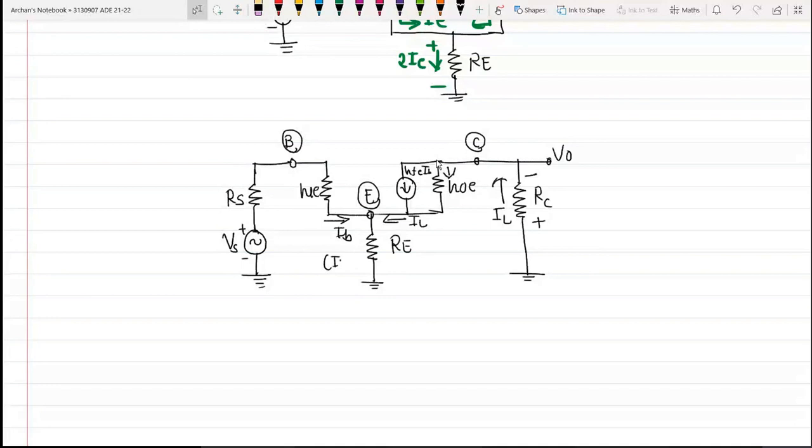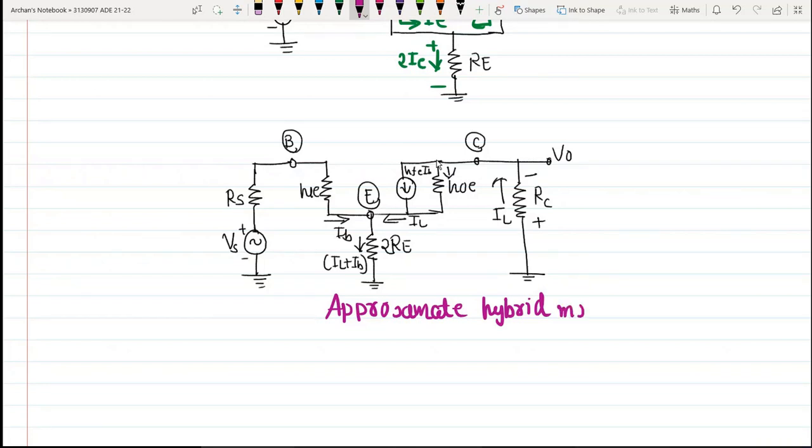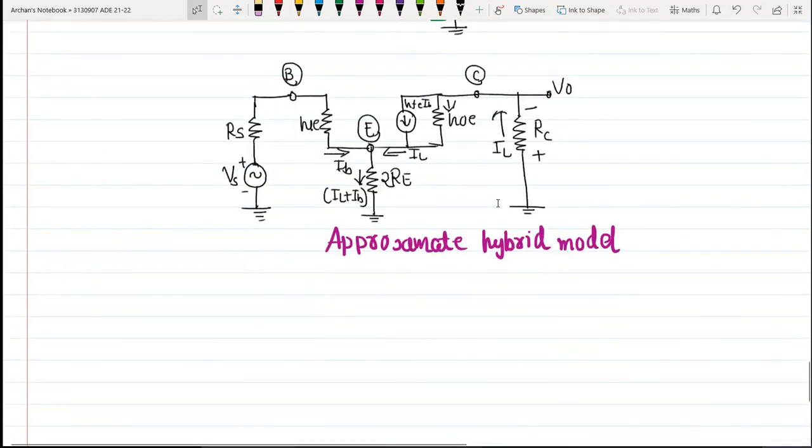So ultimately we have a total current of IL plus IB flowing through this resistance Re. So this is our approximate hybrid model. Right now you just consider this particular model. Once you have gone through network parameters in the electrical circuit analysis subject, you will thoroughly understand how this hybrid model is achieved.